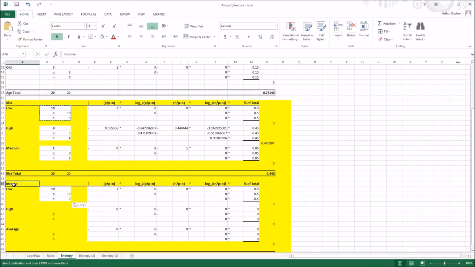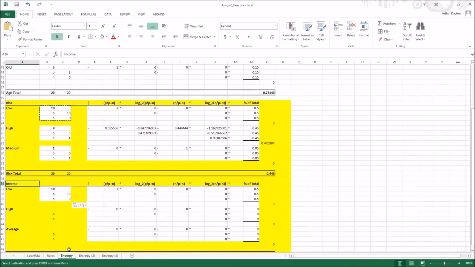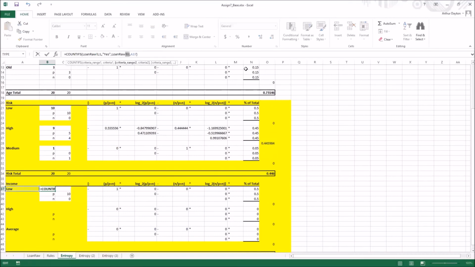We need to refer to the income column. If we take a look at the loan raw, our income category column is D. So I can come back here to my calculations and we will refer to column D instead of column I.